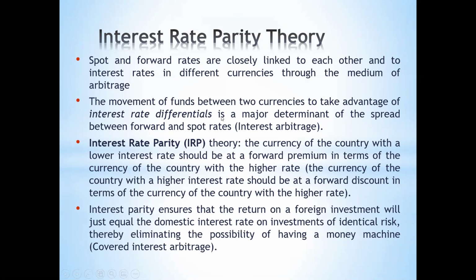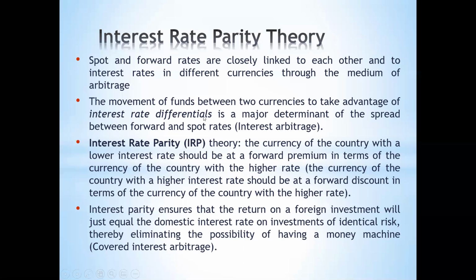Now, under the discussion of how exchange rates are determined based on interest rate differences, here we are dealing with interest arbitrage. Earlier, for inflation, we discussed commodity arbitrage, if you remember, where the same commodity has different prices.